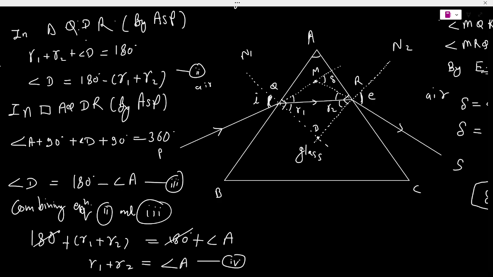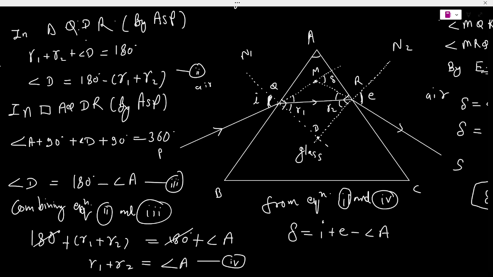From equations 1 and 4, we get delta equals I plus E minus angle A. Again, it is very important.